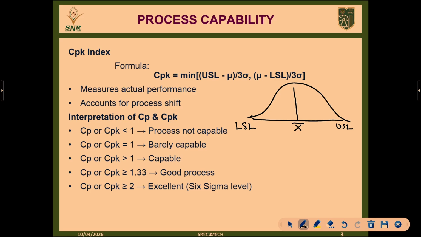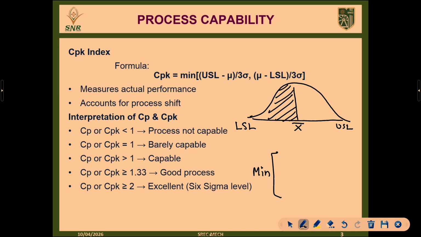Okay. We have to calculate the CPK, process capability index. For that, the formula is given as, we will calculate two values. We have to consider the minimum of these two values. Okay, how to calculate these two values? Let us consider the left hand side first half.